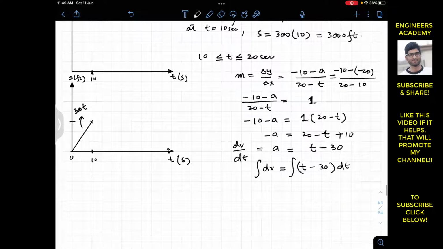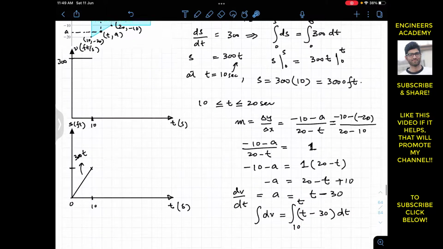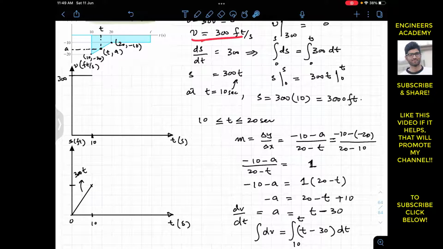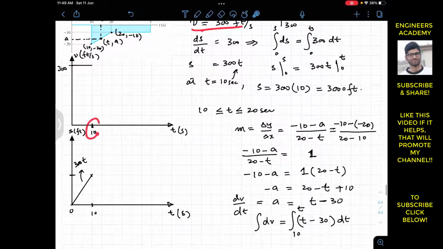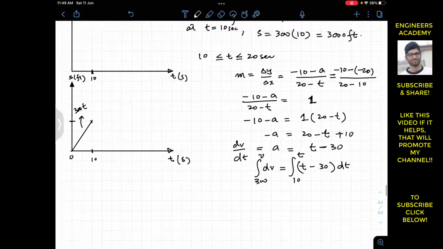And now the integration is from 10 to t, since we are considering this interval, and this interval starts with 10 seconds. The velocity at t equals 10 seconds is 300, right? As we know that the velocity is constant, so the velocity at 10 seconds is 300. So now this integration will be from 300 to v.